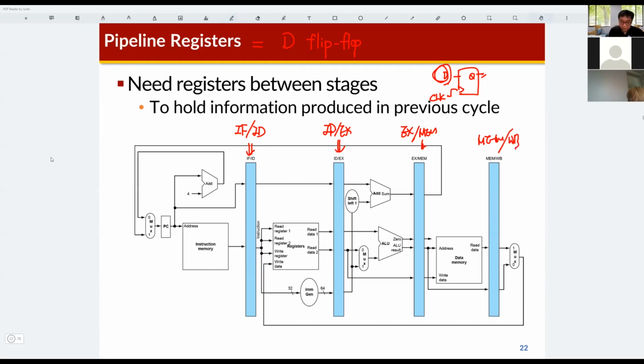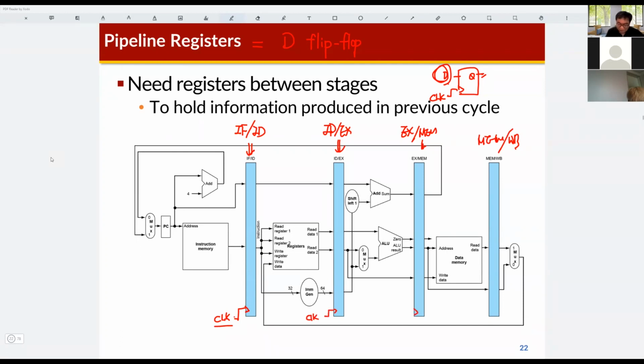I said this is just a D flip-flop. These pipeline registers are synchronized by clock signals.